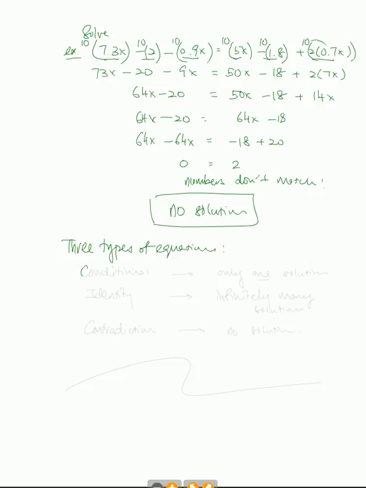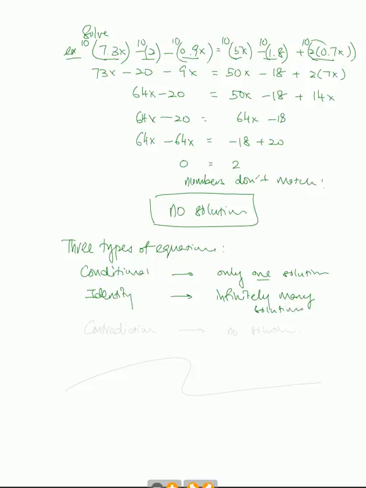The first type is called conditional, which is the ones that we're familiar with. It always ends up with only one solution. The two other types, the special ones, the next one is called the identity, which actually ends up with infinitely many solutions. Okay, so that's the type where all the variables cancel and the two numbers match.